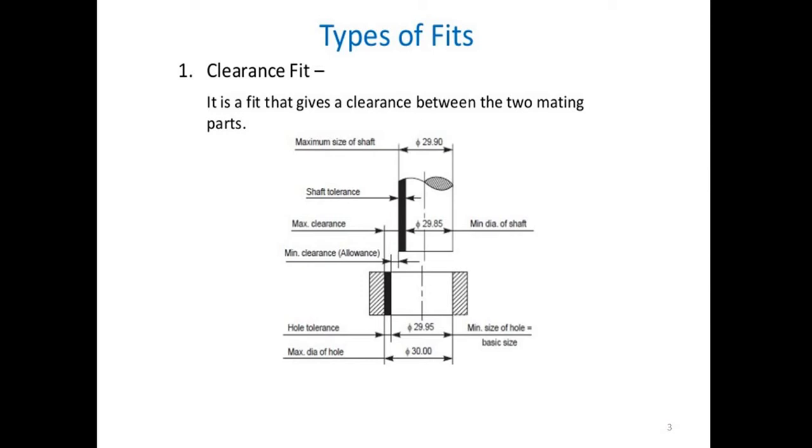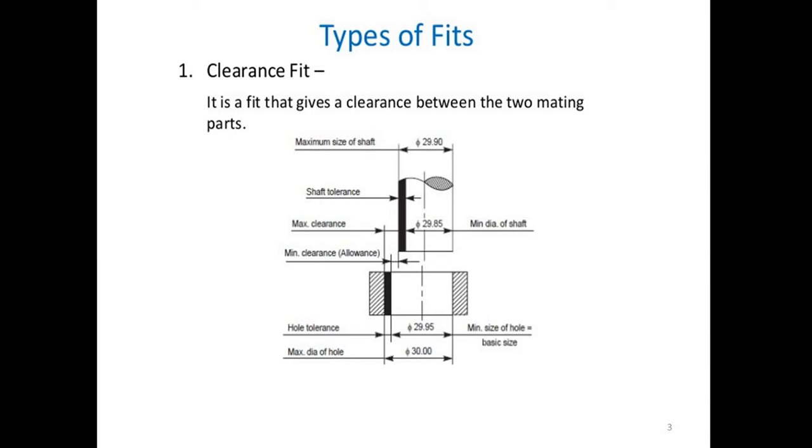When we are considering that clearance fit, the criteria is maximum size of shaft must be less than minimum size of hole. I will repeat. For clearance fit, the criteria is maximum size of shaft is less than minimum size of hole.